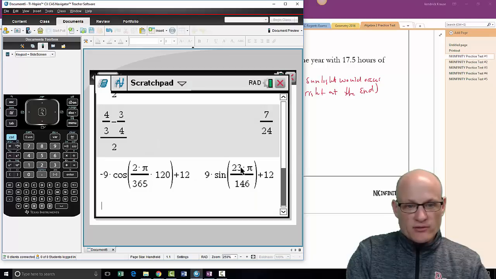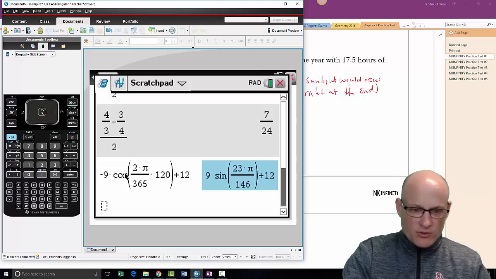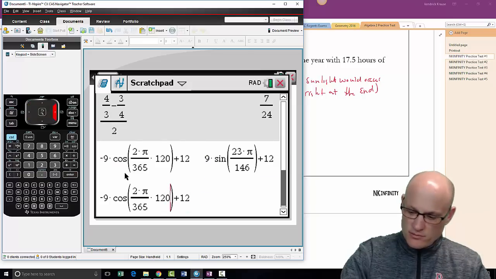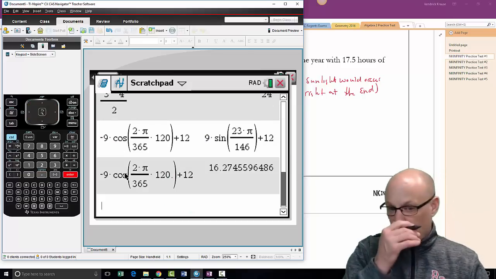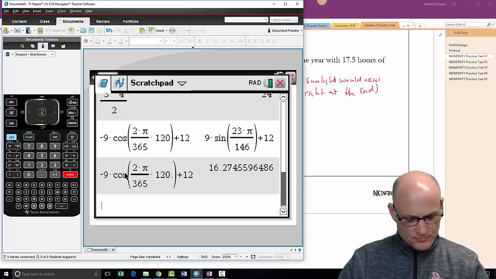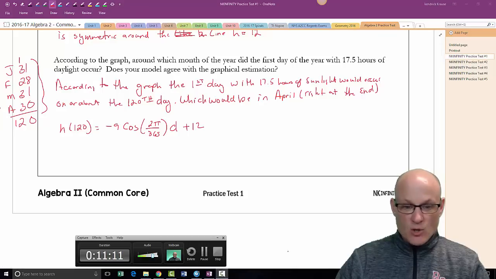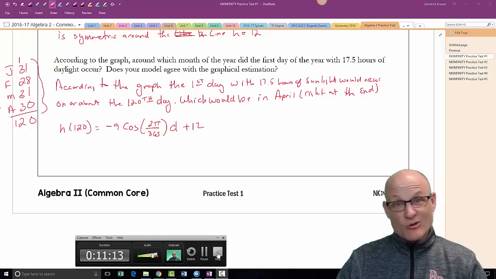Oh my gosh, cancel. I think if I make one of these a decimal, it will give me the decimal answer. There it is. 16.27 days. Or hours, not days. Hours.